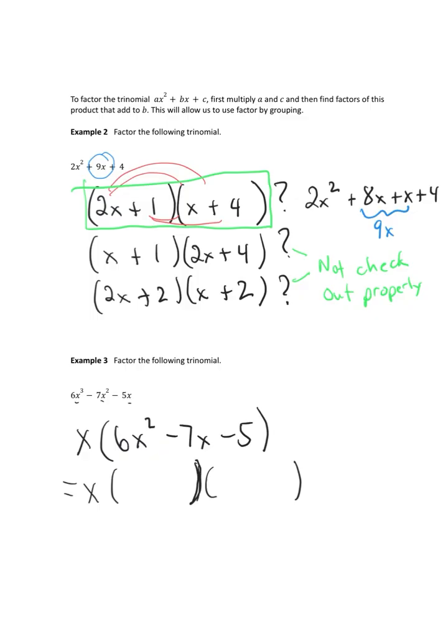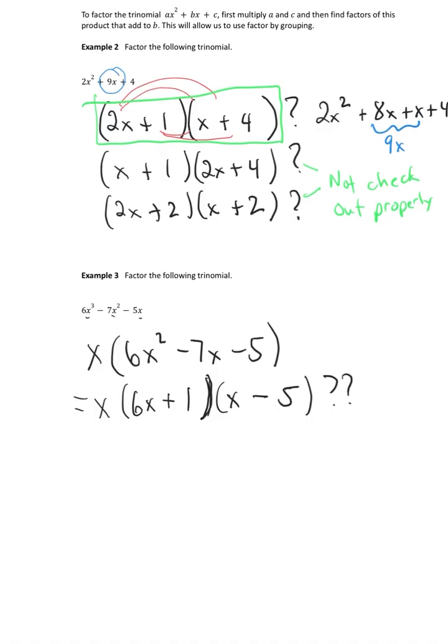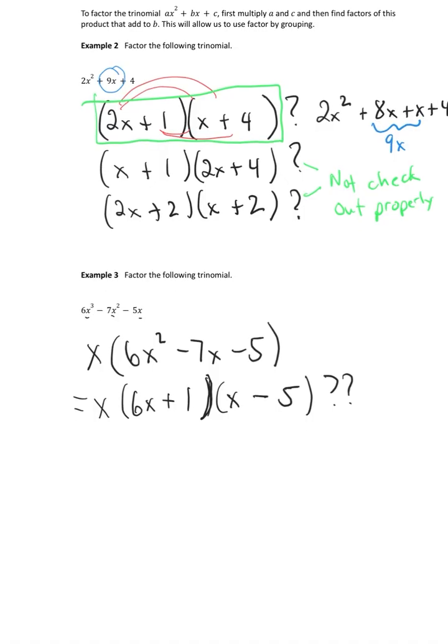So let's start with, say, 6x and an x. All right, that last term is negative, so that means one is plus and one's going to be a minus. And then 5 would either be 1 and 5 or 5 and 1. I don't know. Let's try 1 and 5, okay? But this is a potential combination.